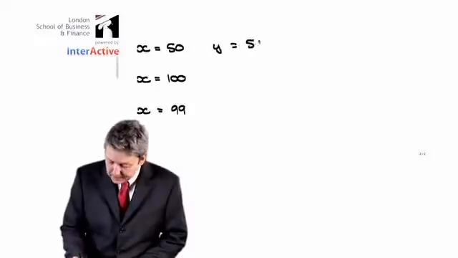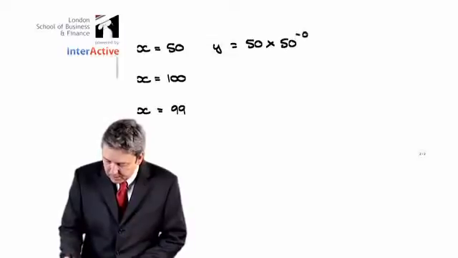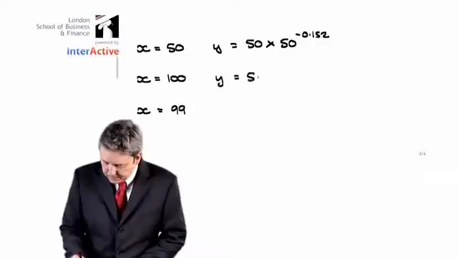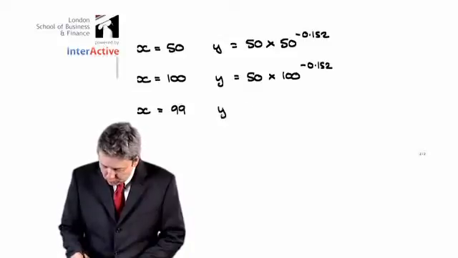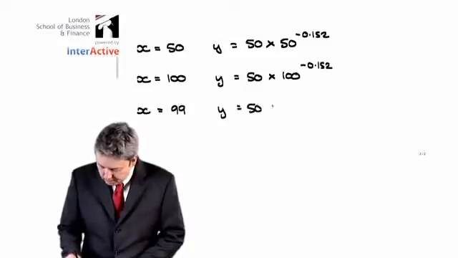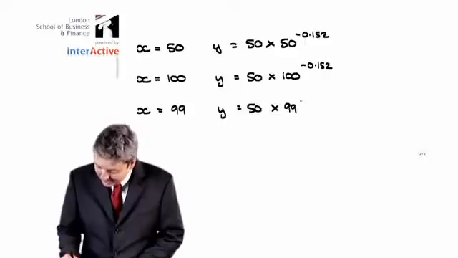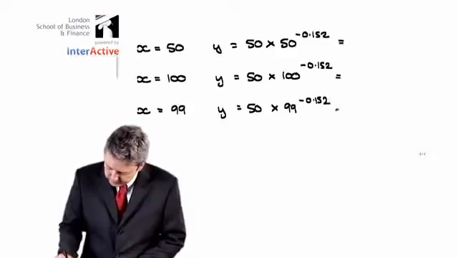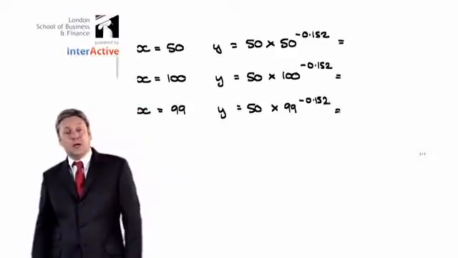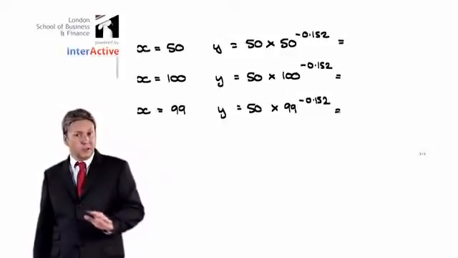Y will equal 50, that's the value for A, of course, multiplied by 50 to the power minus 0.152. Y equals 50, multiplied by 100 to the power minus 0.152. And Y equals 50, multiplied by 99 to the power minus 0.152. If we get these out of the way, then we'll have no problem interpreting them.